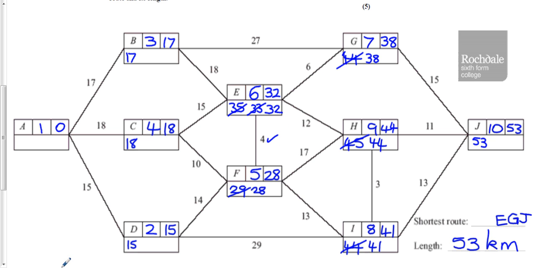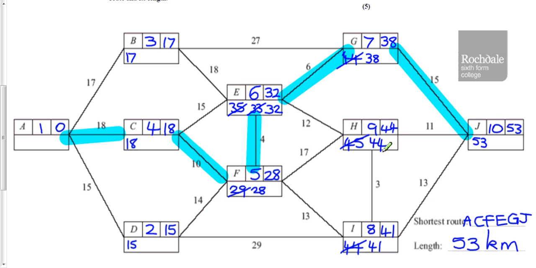So we must have visited F before E. F, doing the same thing, we must have been at C before F. And before C, we must have been at A. It's A, C, F, E, G, J. And let's check that. A, C, F, E, G, J is the route which has this shortest length of 53. And that's the end of this part of the question.